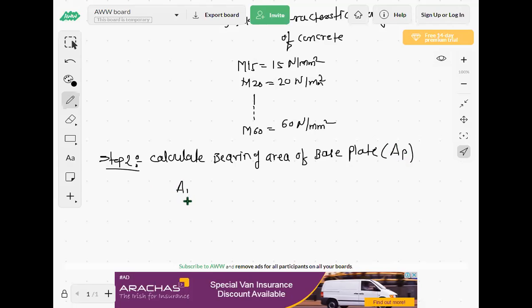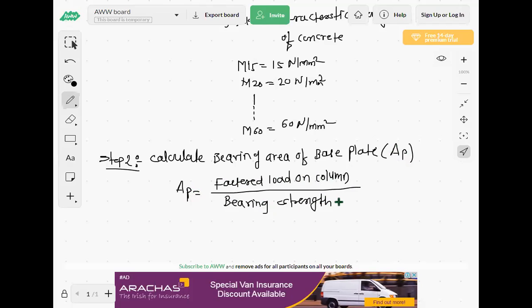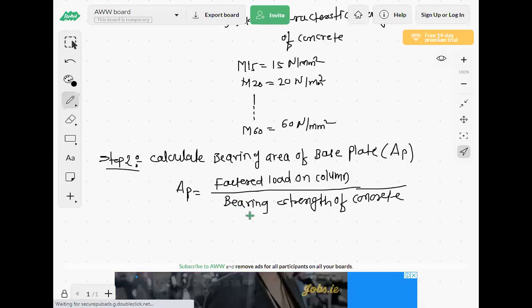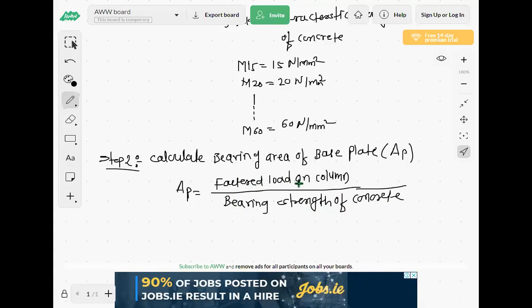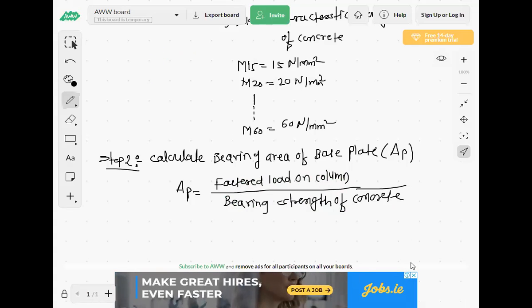So how to calculate this bearing area? AP, the area of plate, is equal to the factored load on column divided by the bearing strength of concrete. The bearing strength of concrete we calculated in step 1, and the factored load on the column will be given in the problem statement.